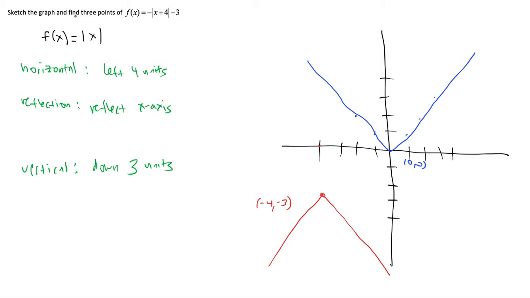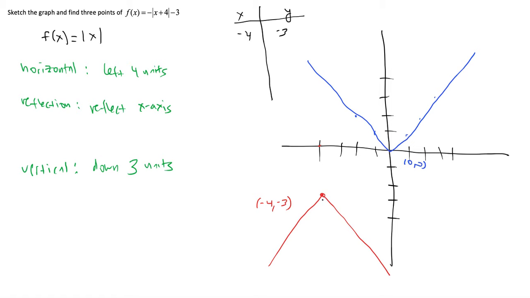So now I do want you to find 3 points, right? So here's where you can do a couple things, right? You can use the actual transformation, right? So you can take each point on the original graph, apply the transformations and find where the new point is, or you can just make a table here, okay? So let's make a table. Now we know that when x is negative 4, when you plug the negative 4 in here, we get 0 minus 3, we get negative 3, as we expect, right?